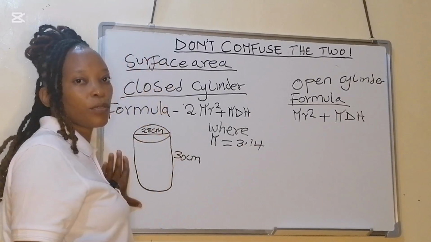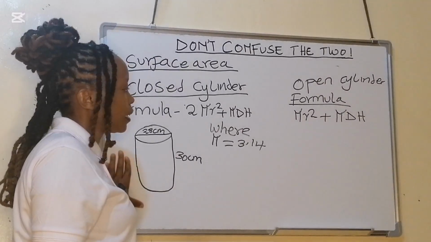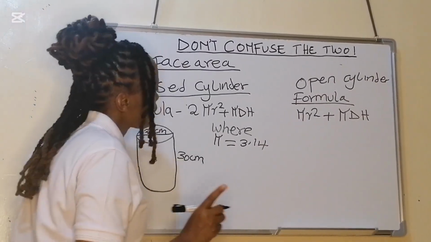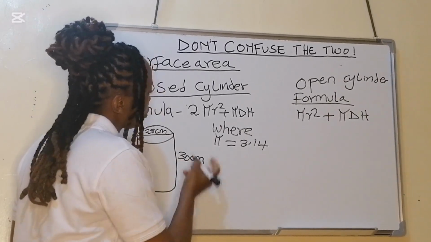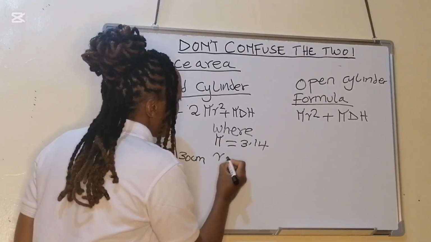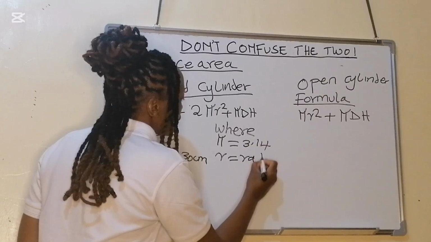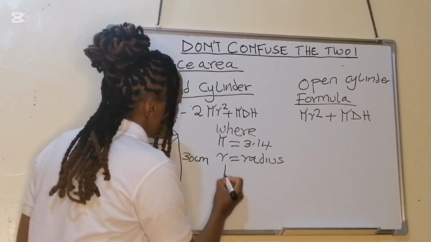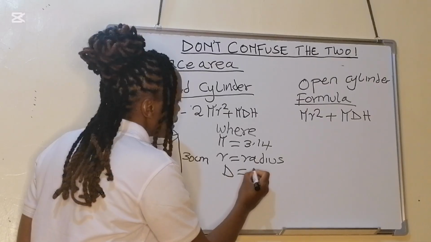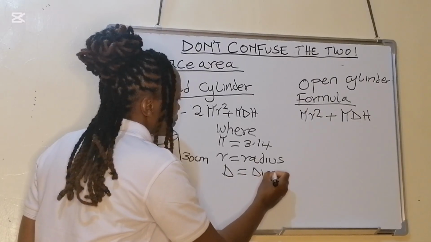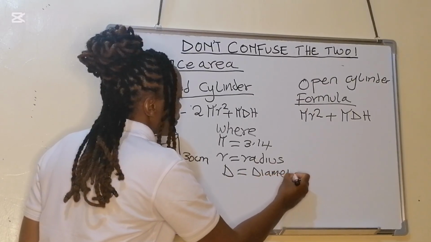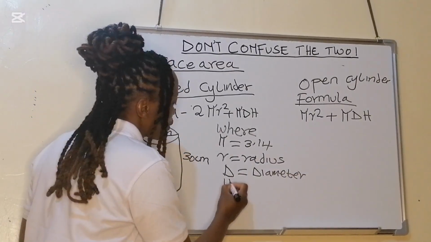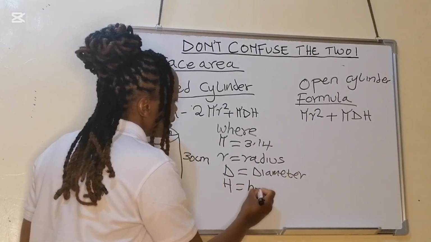You can also be asked to use 22/7. Please use what you have been told. Don't do something that the question is not telling you to do. R is radius. D is diameter. H is height.